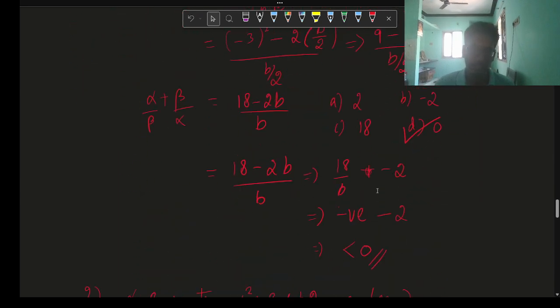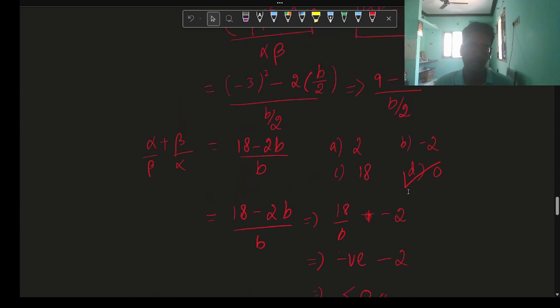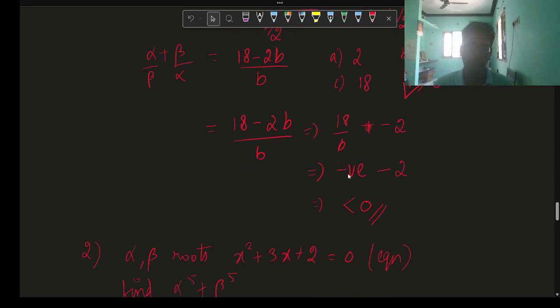Okay, so 18 divided by b would be negative, and already minus 2 is there, and the options given are option A is 2, option B is minus 2, option C is 18, option D is 20. So minus 2 would end up giving me a negative result, which is ultimately less than 0. You can ask me, is minus 3 greater than minus 2? No, minus 3 is always less than minus 2.